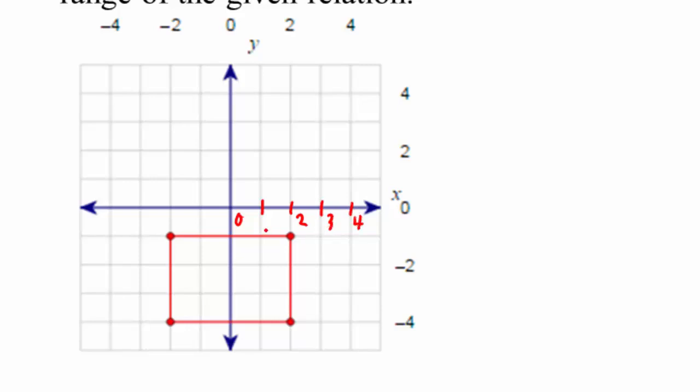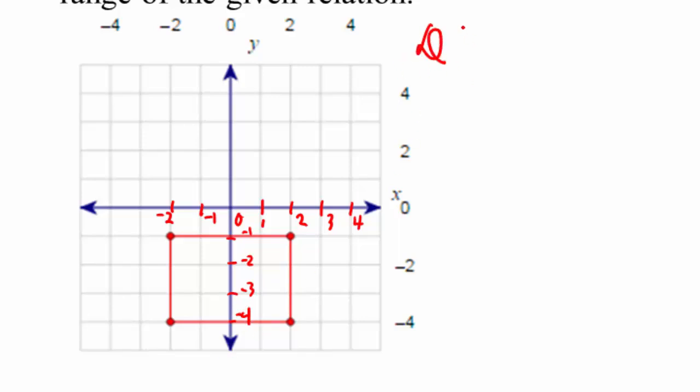Then you go to the left, -1, -2. And below the y-axis, that's -1, -2, -3, and -4. So hopefully that'll help you to determine the domain.